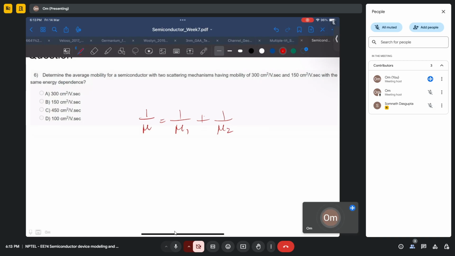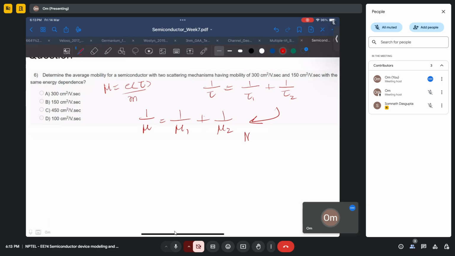Where does this come from? So mu, as we know, is q tau by m. And with the relaxation time approximation, when we solve the scattering rate, we get 1 by tau is 1 by tau 1 plus 1 by tau 2. From here, we get 1 by mu is 1 by mu 1 plus 1 by mu 2.